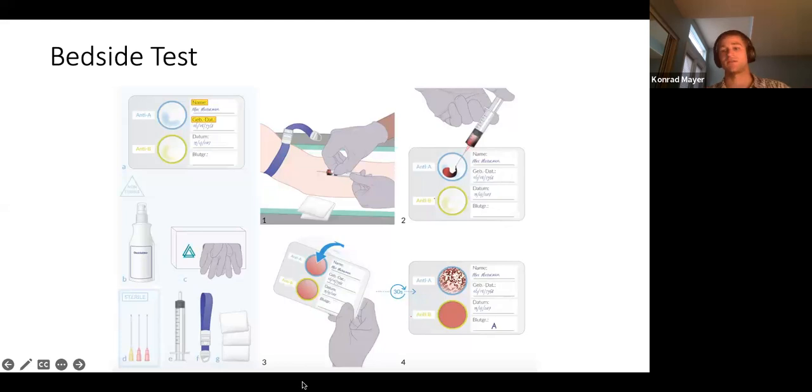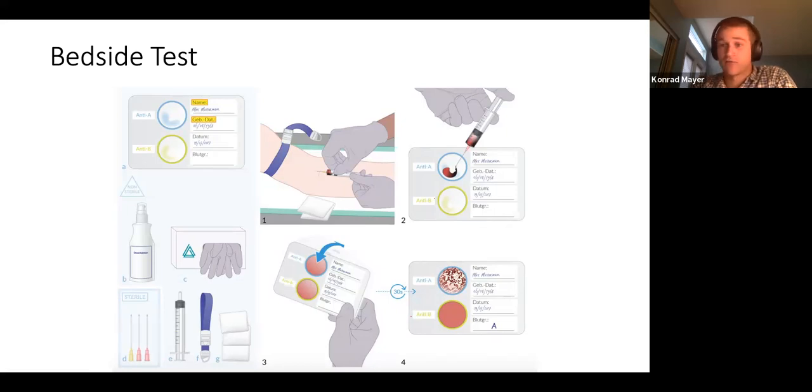When you're considering kidney transplants or other organ transplants, you look at HLA systems, which are much more complicated than ABO. This is a slide showing the process of the bedside test, and this is done right before a blood transfusion is administered.